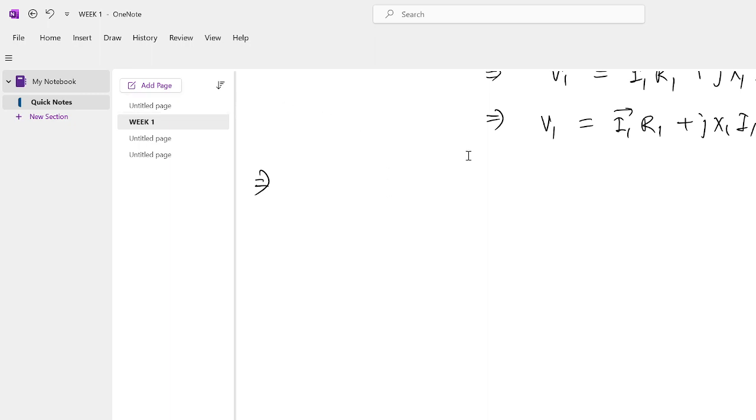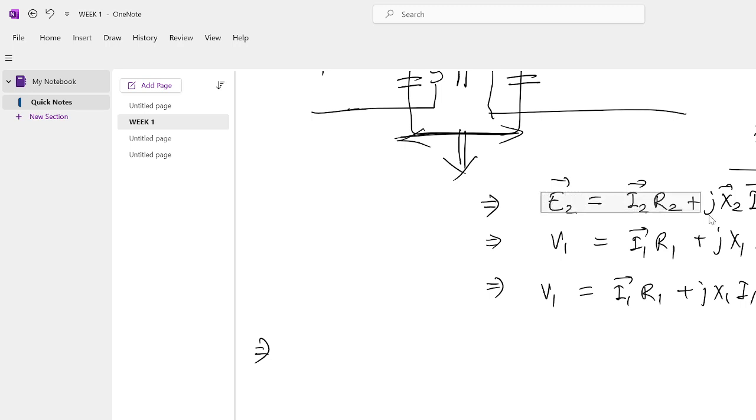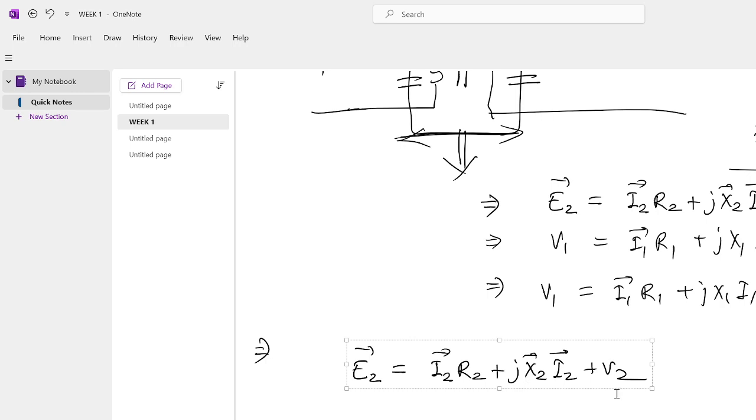In this equation, if I multiply A on both sides, I can add this part here.